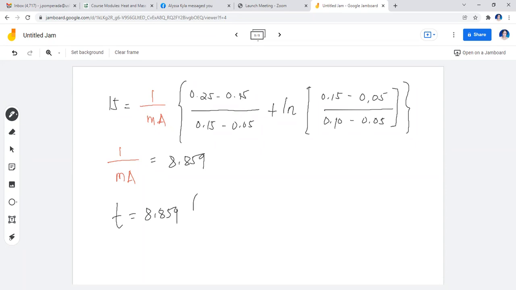And this time I will use the new pair of values. So I have initial moisture content this time, which is 30. And here critical moisture content is still 15. And another 15 here. Critical moisture content and equilibrium moisture content of 5 plus the ln of critical moisture content, equilibrium moisture content.